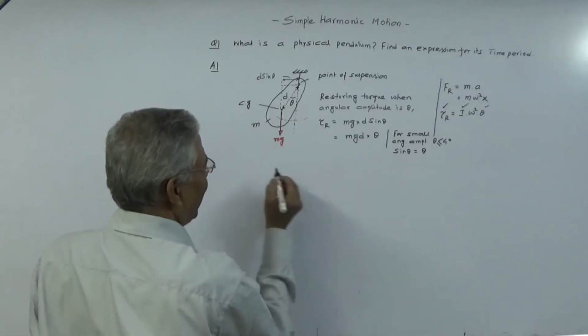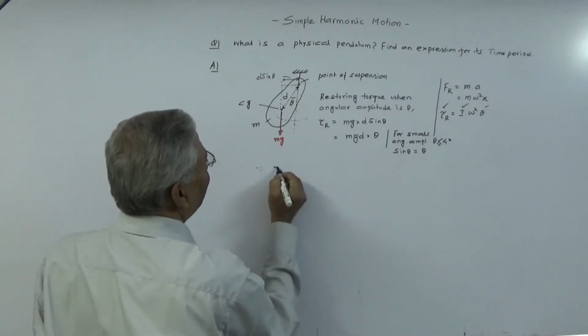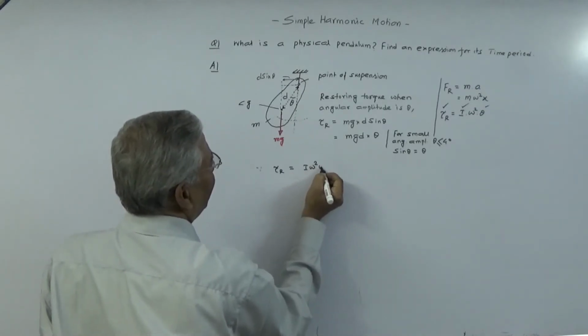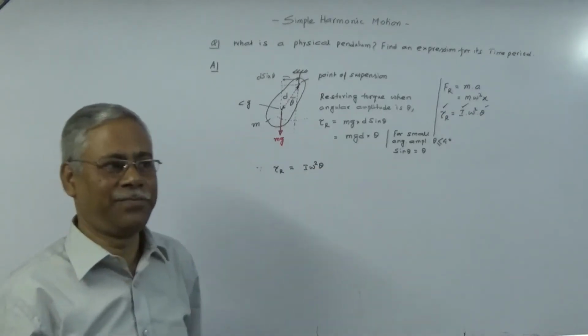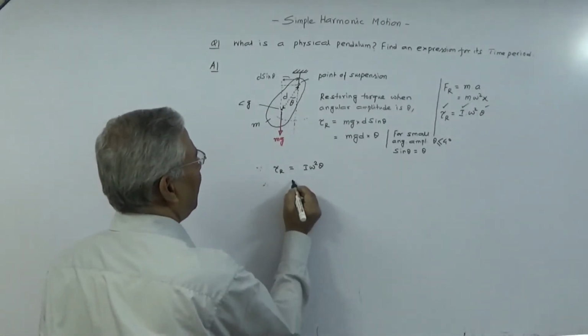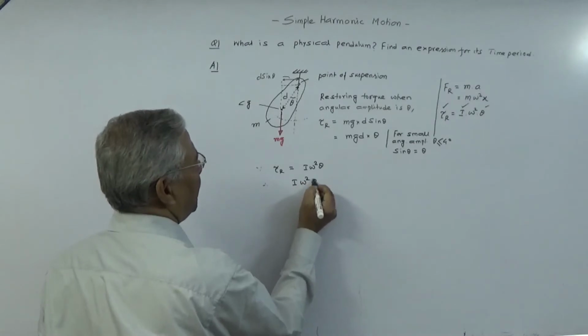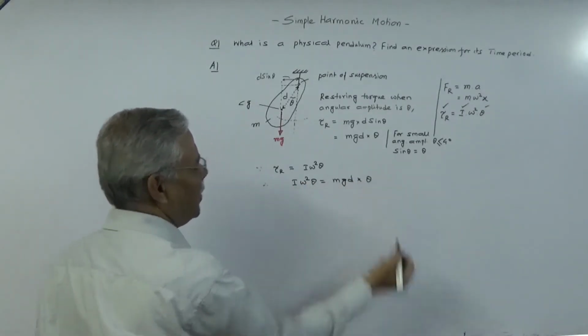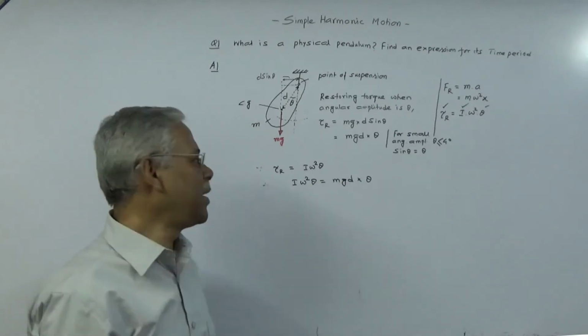Hence, since tau r equals I omega square theta, I omega square theta equals mg d into theta.